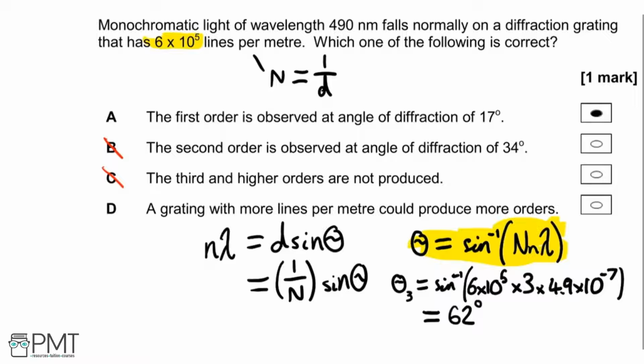So all of the maxima would spread out to larger angles, and therefore the outer maxima, for example the third one, will eventually be pushed off the edge of that 90-degree boundary. So having more lines per meter will mean you have fewer orders, not more.